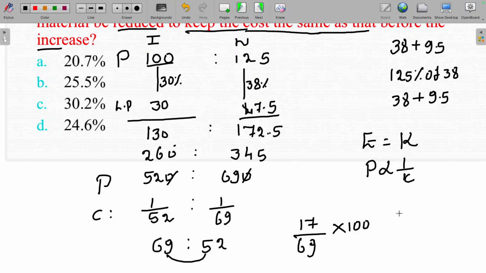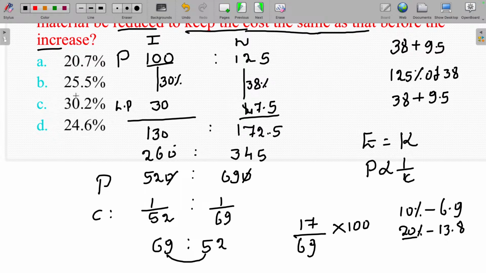How to solve? 10 percentage is 6.9. I will do another way, method 2. You understand this: 10 percentage is 6.9. I want 17. 20 percentage will be 69 doubled, that is 13.8. Then I want 17.